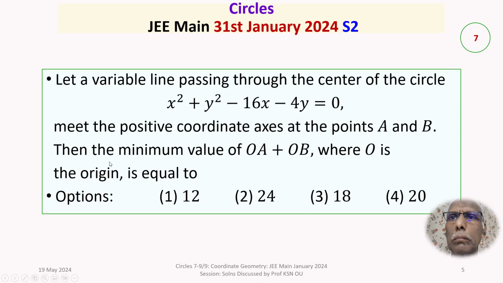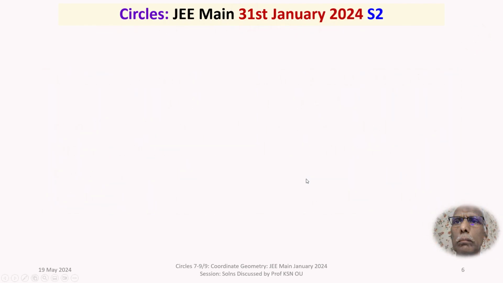Required to find the minimum value of OA plus OB, where O is the origin. Let's now discuss the solution of the problem in detail.